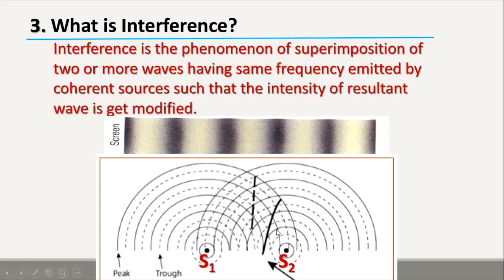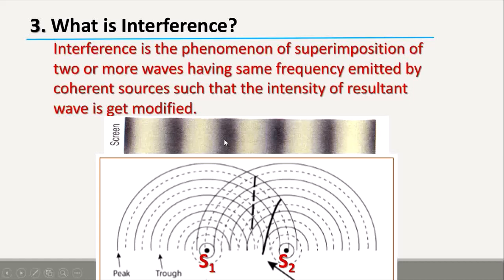So if this is the condition, and you maintain a proper distance between S1 and S2, and an appropriate distance between the screen and this pair of sources, then you will have a pattern like this. At one point you get bright intensity, at another point you get zero intensity. At the center of the screen you have a brighter intensity, surrounded by alternate dark and bright bands.